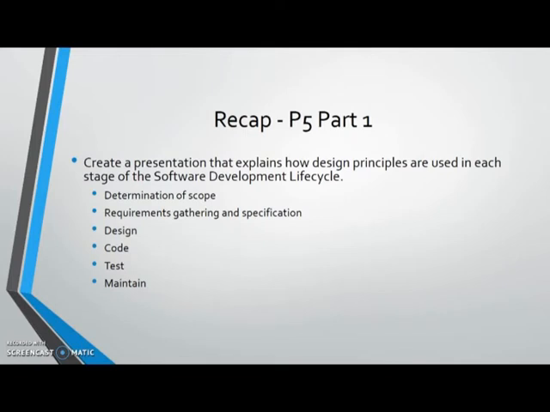Just as a quick recap, you should have already done P5. The first part of that was using stuff that you've already created for your software systems analysis and design unit, talking about how design principles are used in each stage of the software development lifecycle, so explaining what happens at each of these stages.